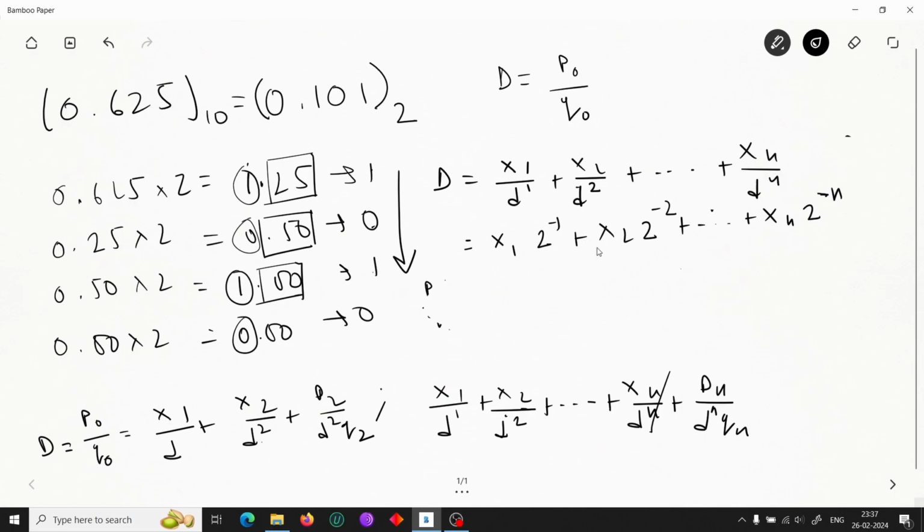And this is basically the expanded form of the fractional parts of any number. You see, x1 is the first integer part, x2 is the second integer part and so on, with the associated weighted base values as follows. So this is the reason you read these values from top to bottom, and it gives us the binary equivalent of a fractional number.